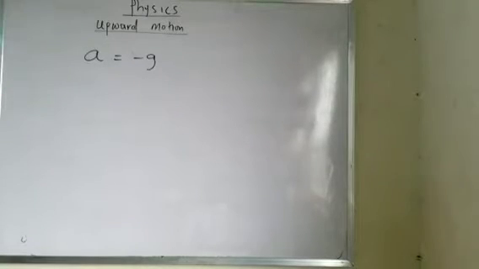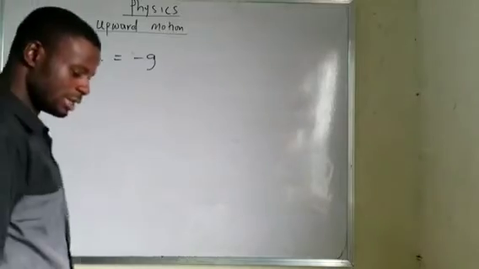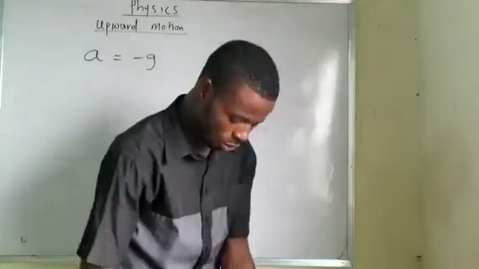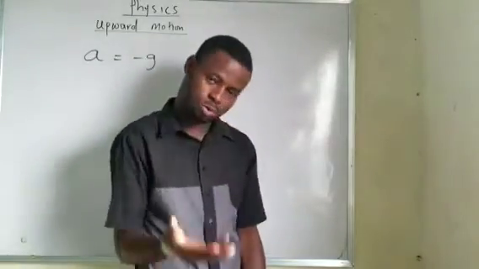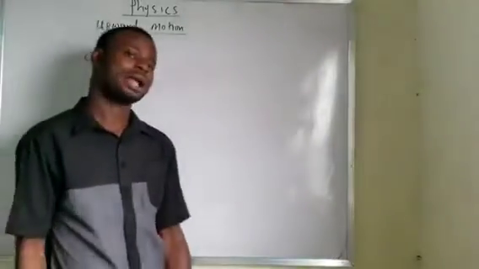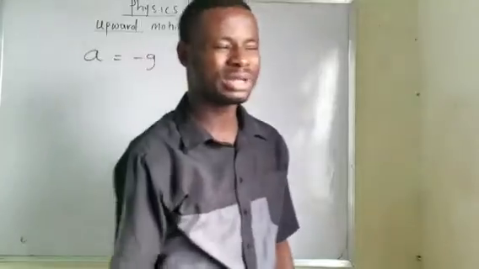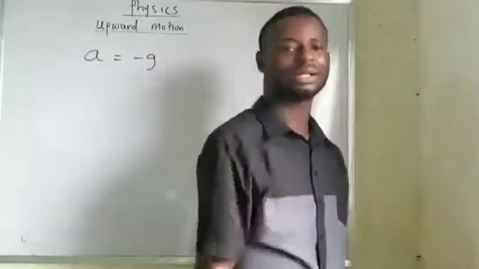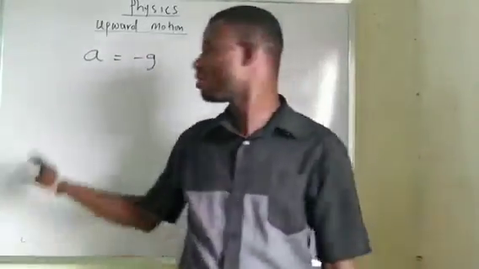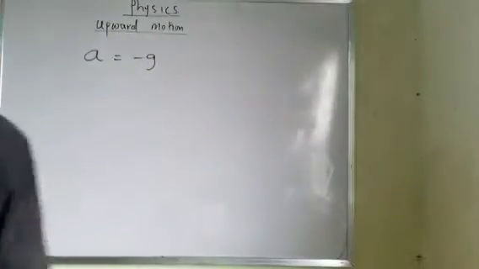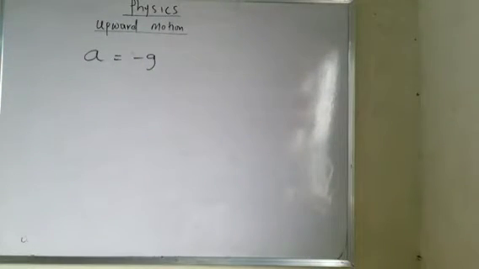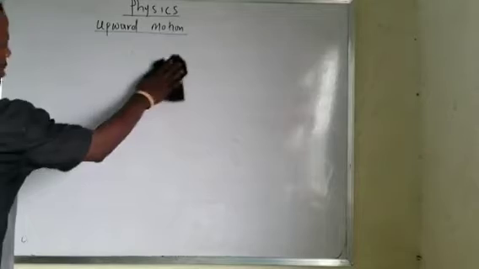Once the body or object is coming up, like when I kick a ball and the ball is going up, that particular time the ball is going against the gravitational force. It means my a equals minus g. That is the logic behind it.